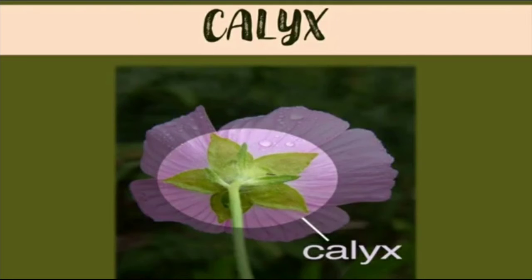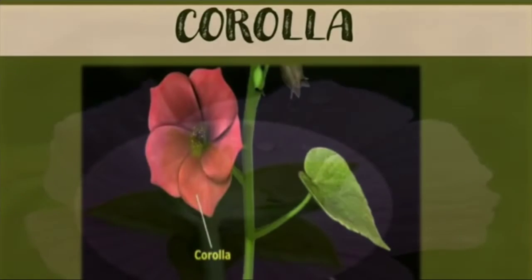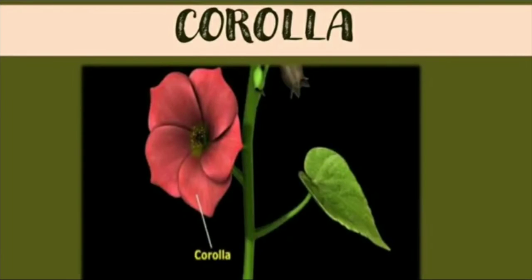Understood? The next is corolla. It is made up of colorful parts called petals. The petals of the flower are called the corolla.